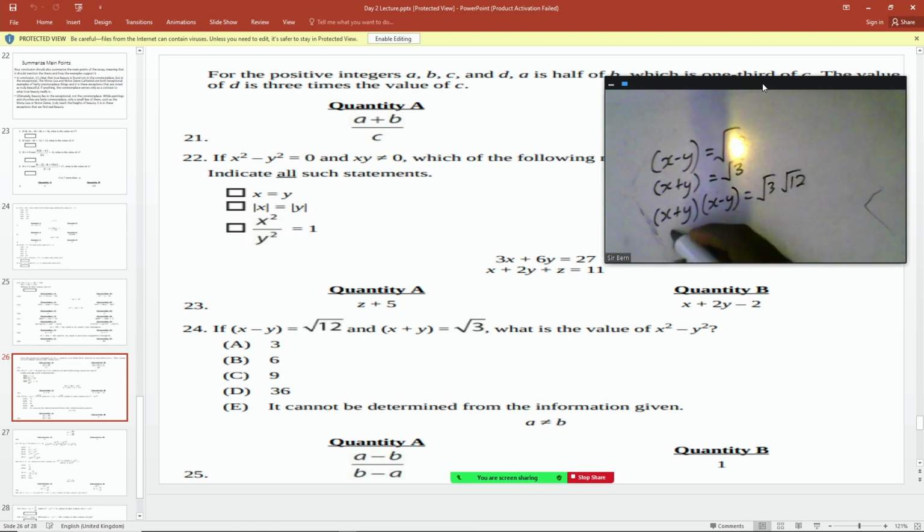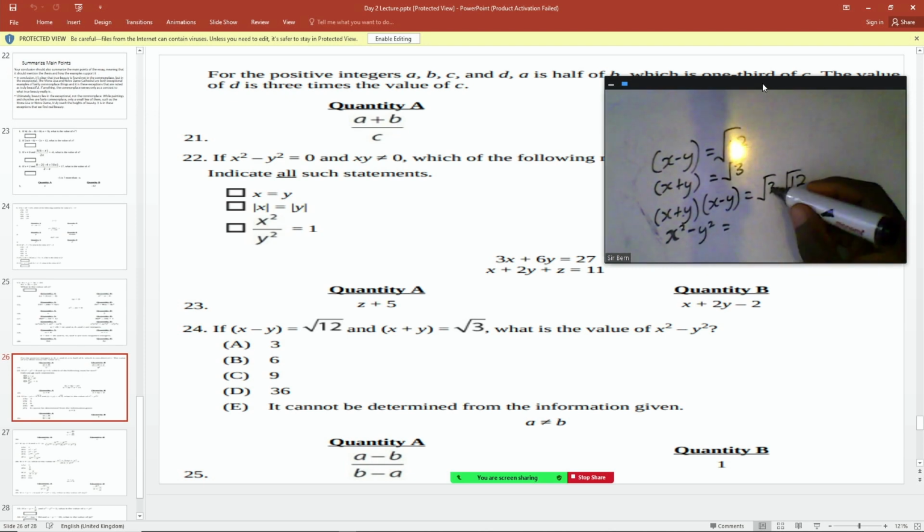This gives us x squared minus xy plus xy, so they cancel out, and x squared minus y squared is square root of 3 times square root of 12. So 3 times 12 gives us square root of 36, which is 6. So our answer is 6 for question 24.